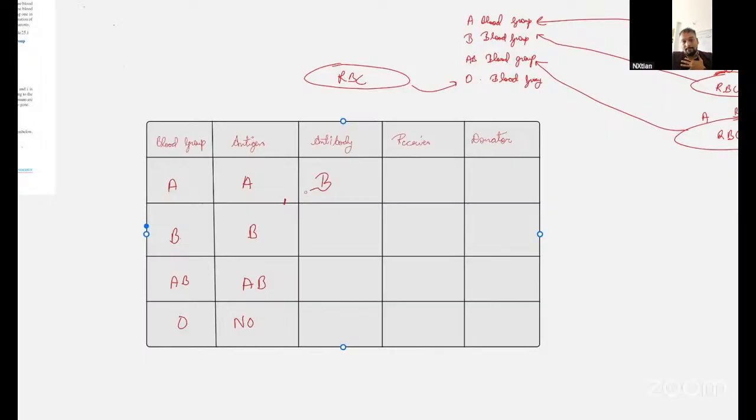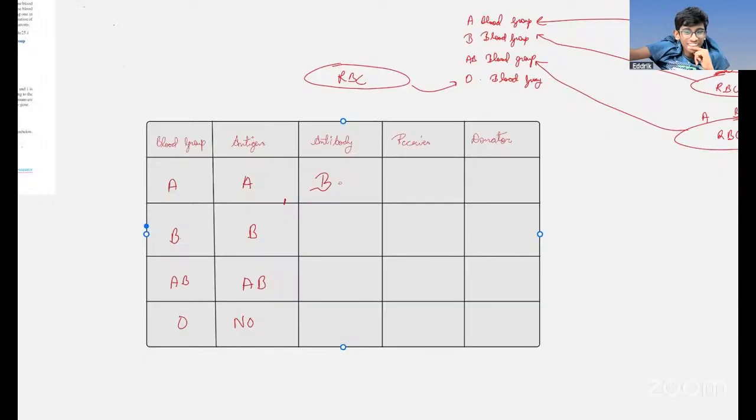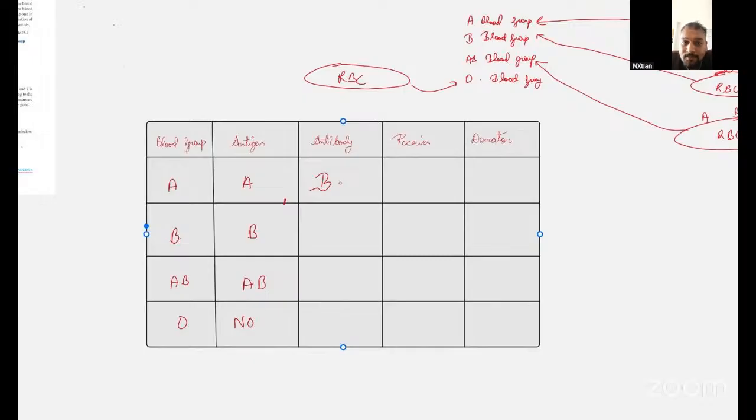If I give my B blood to David, David has antibody B, and my blood has antigen B. Both will fight and they will die. You got my point? Shall I explain it again? The antibodies and the antigen will fight, and the antibody will die.